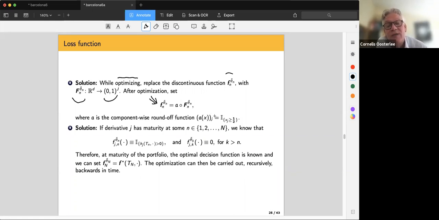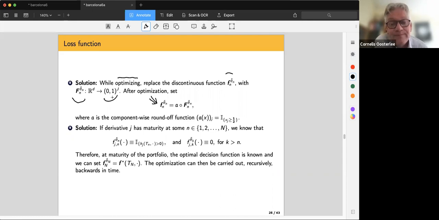So alpha is 1 when xj is greater or equal to 1/2, and 0 when it is less than 1/2. Essentially, the neural network is learning a function between 0 and 1, and at the end we round it off. This way we can use gradient descent algorithms, because we have a smooth function that we are learning.